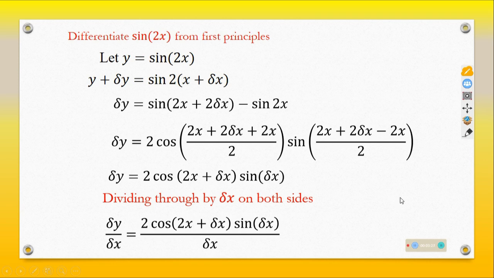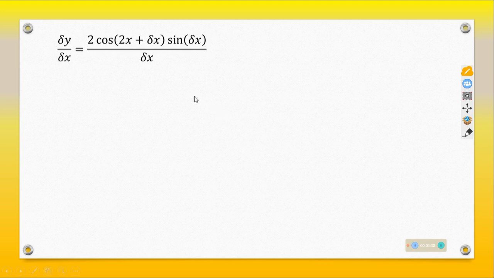So that is what we have for delta y divided by delta x, which is 2 cos of (2x plus delta x) sine of delta x divided by delta x. That is the same expression we have seen.